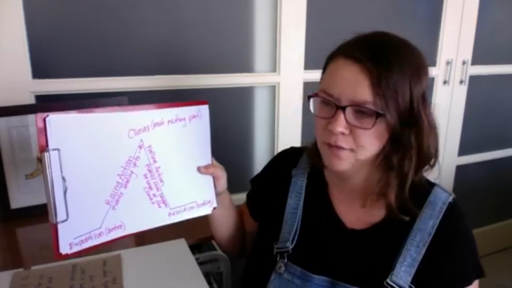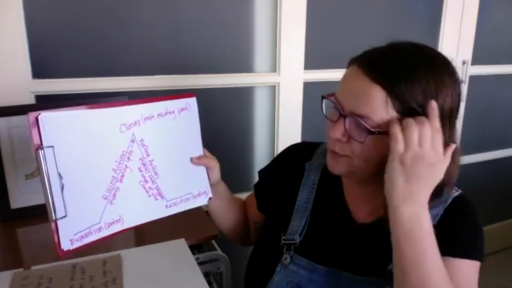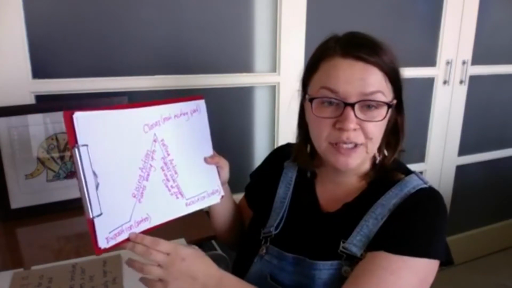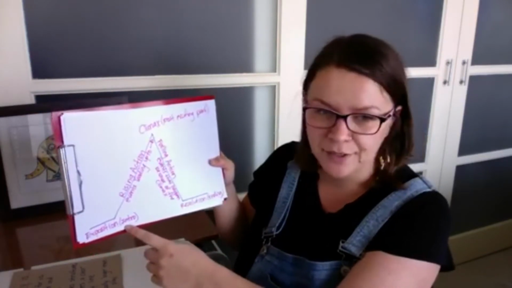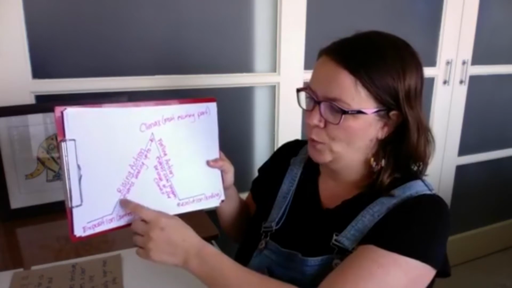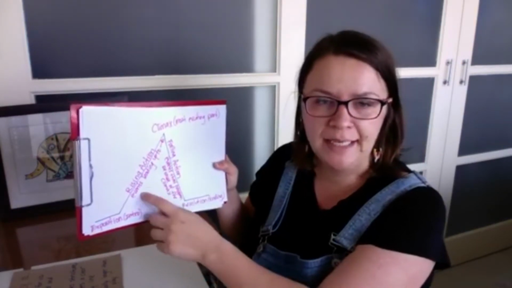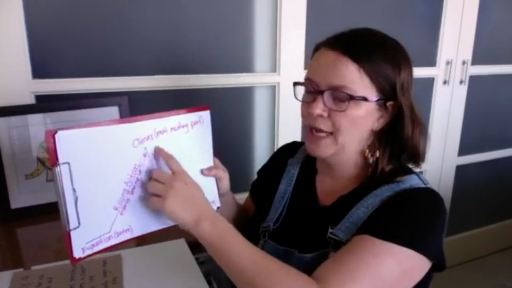So I want to explain something before we start. We have here the rise and fall of the stories. When you're writing a story, we want to talk about the exposition, which is the intro, right? The beginning of our story. And then we have the rising action, which are the things that happen in the story that lead up to the climax.